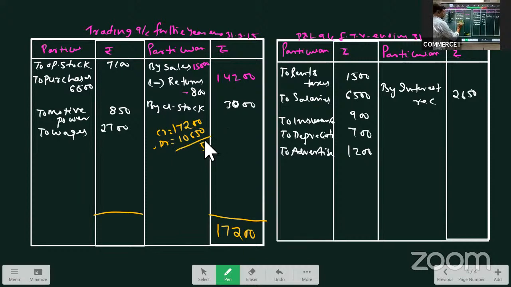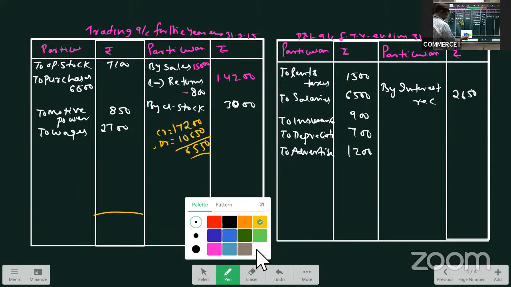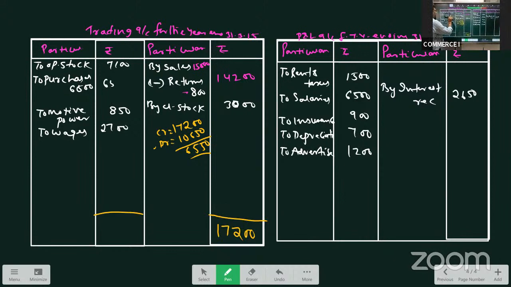Deduct 6,550. 6,550 we are getting. Sorry. Purchases we have not taken, no? Purchase returns are not there. So deduct that 6,000.